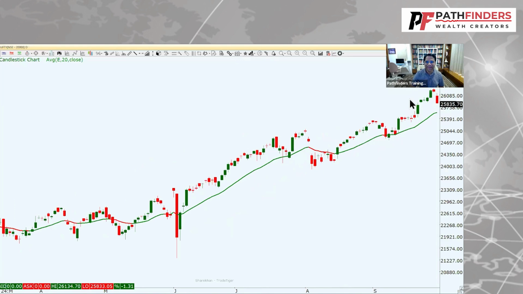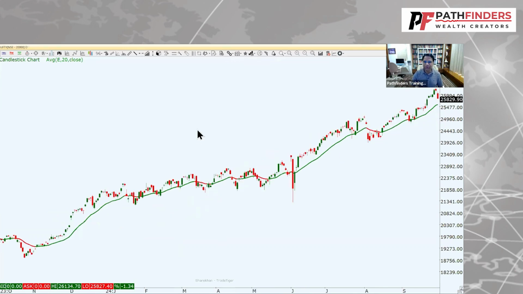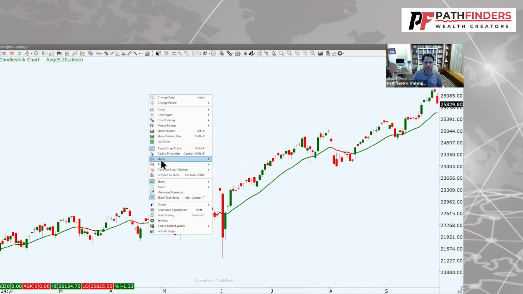So somewhere here around this level, a 1:1 ratio is a good one, but if the price goes below this, I would prefer to use a moderate protection or even a high protection in the trading ideas that we have. So you can even use a combination.